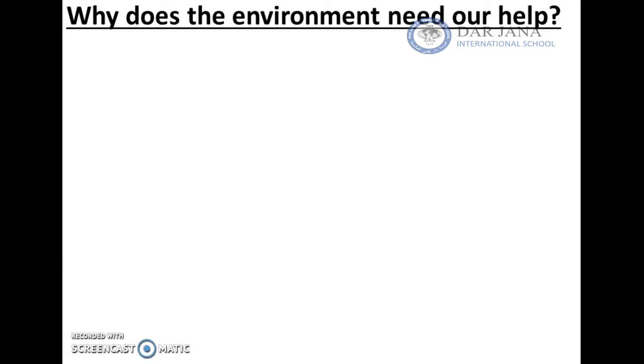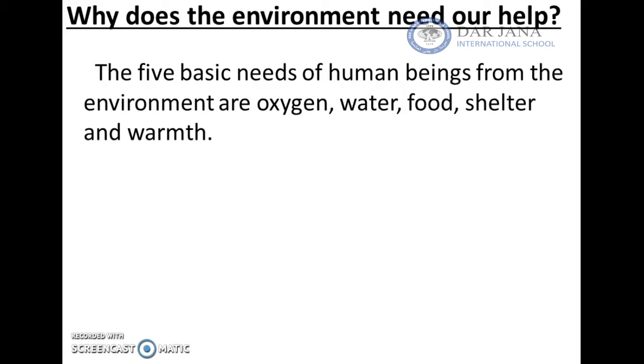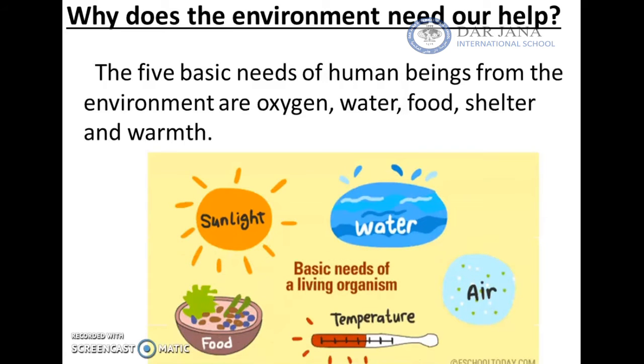Why does the environment need our help? The environment needs our help because there are 5 basic needs of human beings from this environment that are oxygen, water, food, shelter, and warmth.